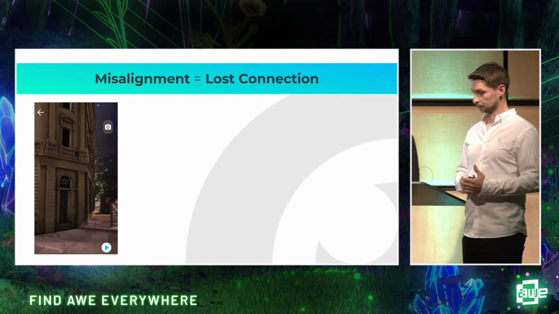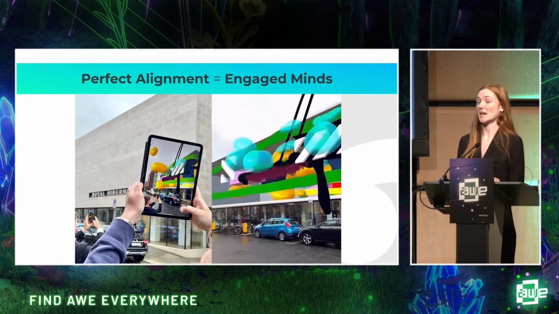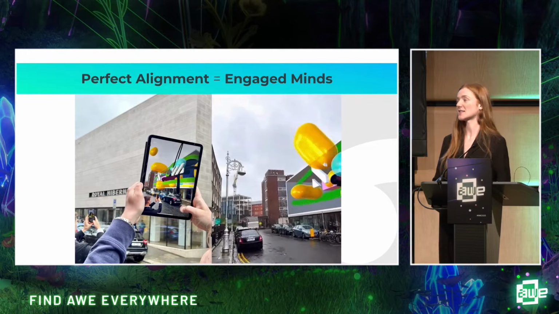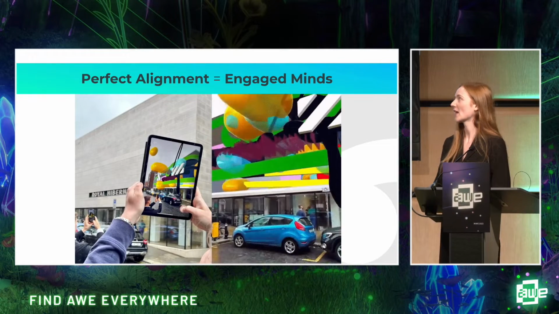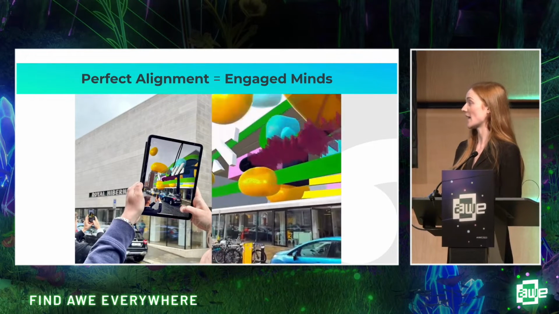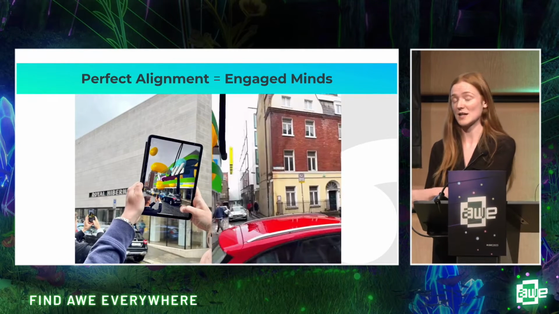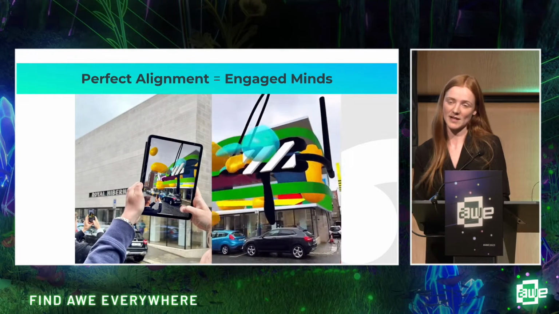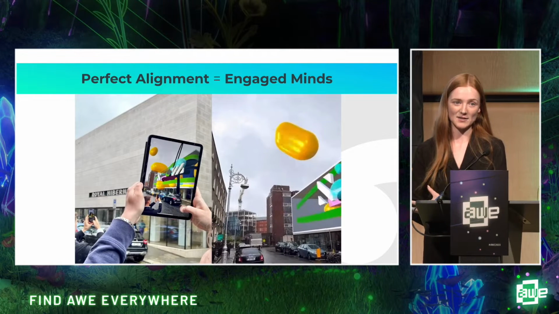So to give an example of another experience that we worked on recently where the technology allowed people to have a seamless experience. In Dublin, we worked with an artist called Mazer, who's a well-known modern artist, and he created an 8-foot-long canvas with a surreal art, and he wanted to bring that to life using augmented reality. So initially, the idea was just to bring his canvas to life inside the gallery, which we did.